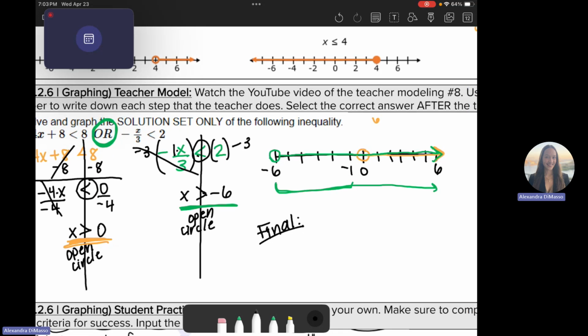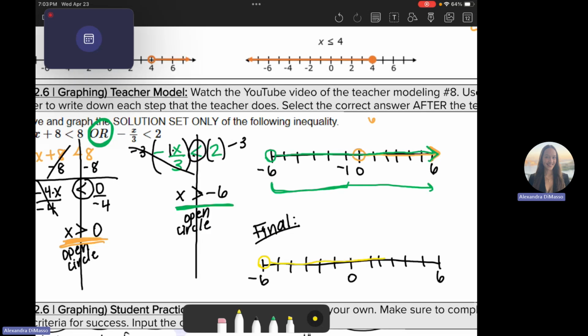So I'm going to redraw my number line. Here's 0, 1, 2, 3, 4. This is negative 6. 1, 2, 3, 4, 5. Okay, so my final answer is going to be at negative 6, open circle, and then to the right, because that's now going to include everything over there.